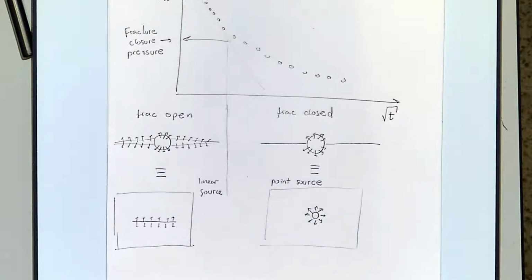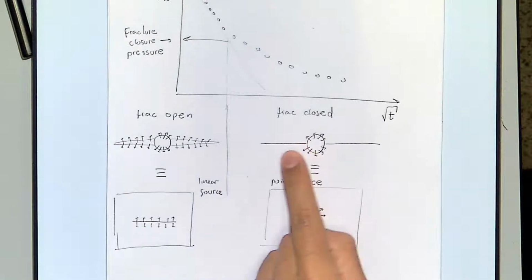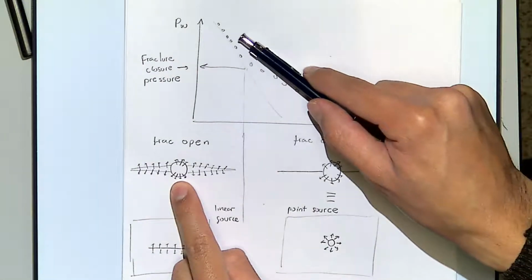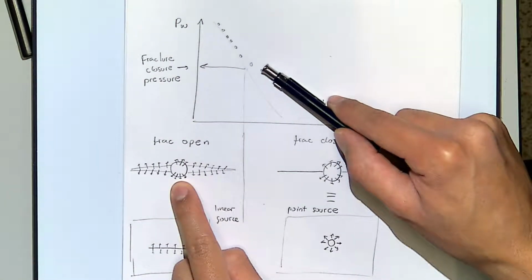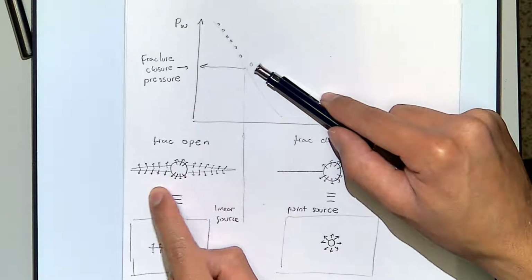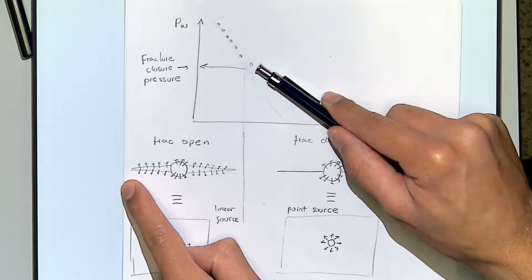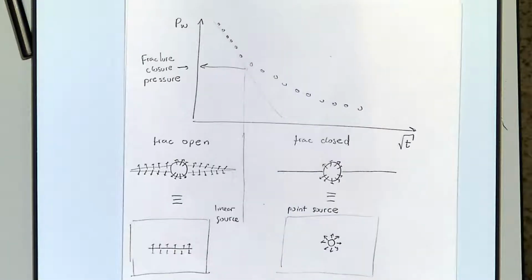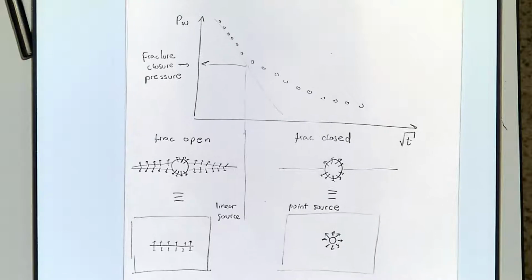Professor? Yes. When we have an open fracture, aren't we going to also have more leak-off? Yes. That's why your pressure goes down more quickly. And when it closes, you do not have as much surface area contributing to that leak-off, you have much less, and it goes down more slowly. Let me add to this plot the area of leak-off.